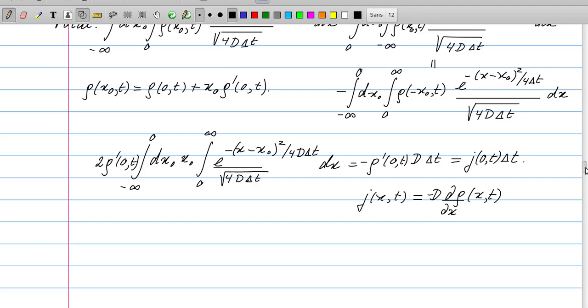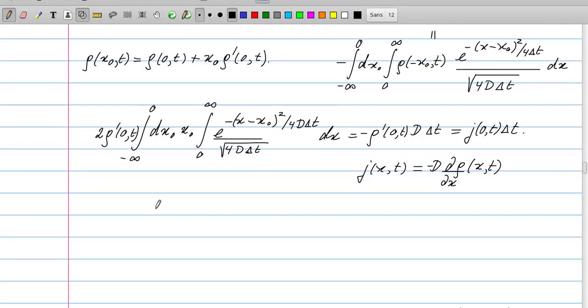This is the one-dimensional version. It can be generalized to more dimensions, and then it reads j of r and t is minus D times the gradient of rho of r and t. And this is the famous Fick's law of diffusion.